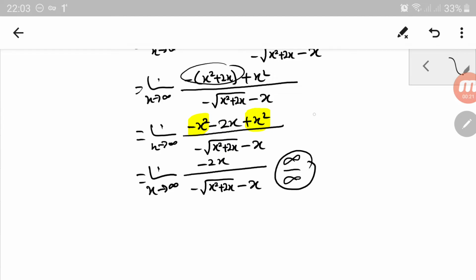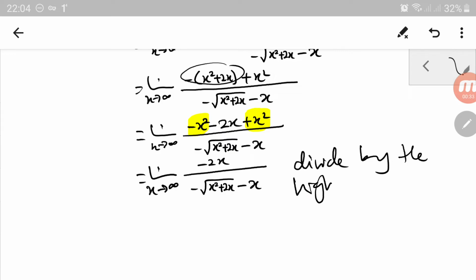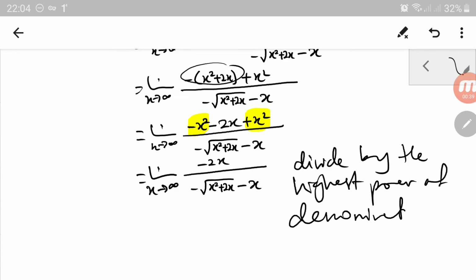So what we should do in this case is divide by the highest power of the denominator. As you can see here, the highest power of the denominator is the square root of x squared.